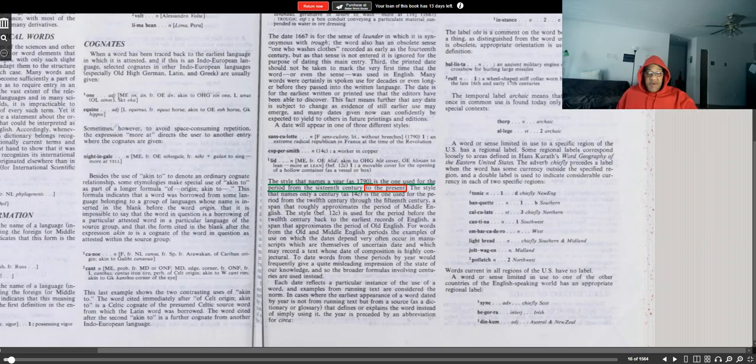Because they're telling you, in this particular dictionary, we can only give you a precise year from the 1600s to the present. We can't do it in this particular dictionary going back to the 1500s and 1400s and 1300s and so on. Why is that?